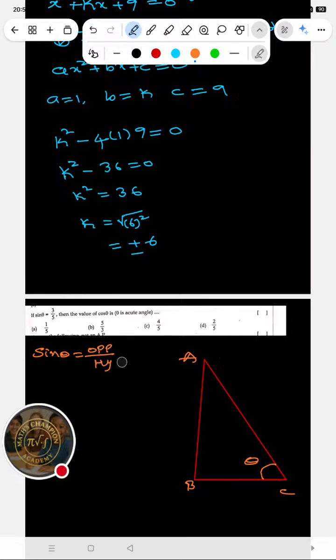What is the opposite side here? It is AB. AB by the hypotenuse AC.